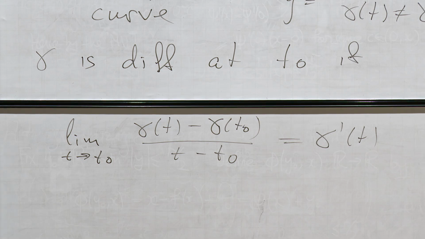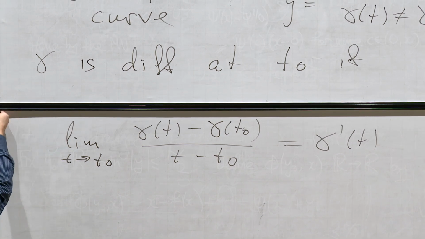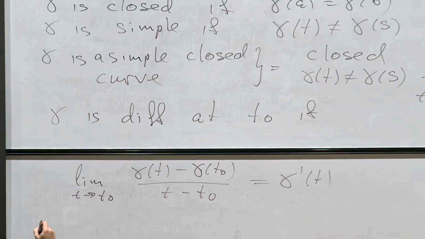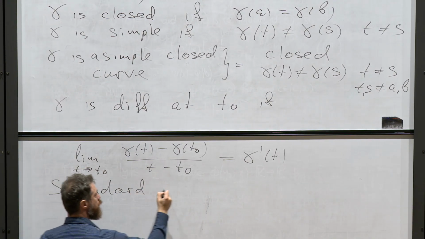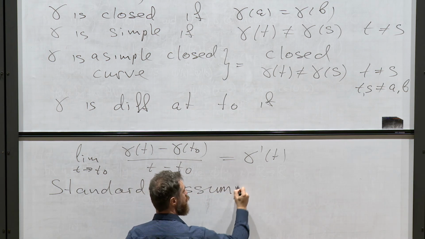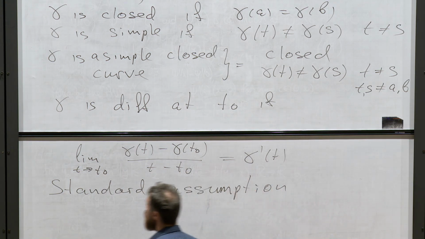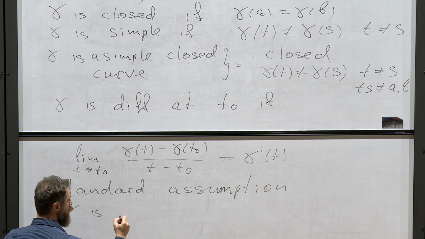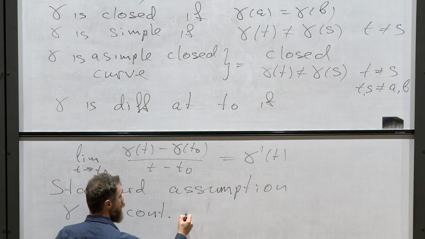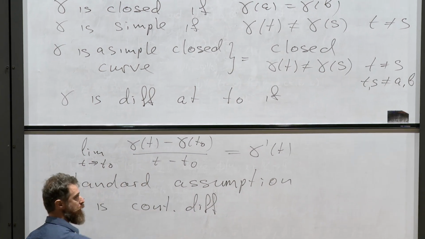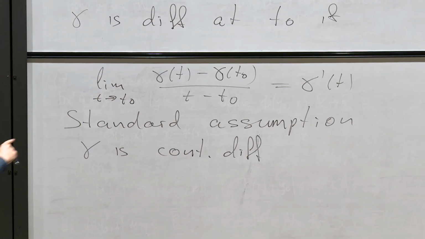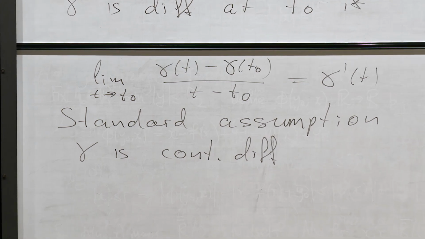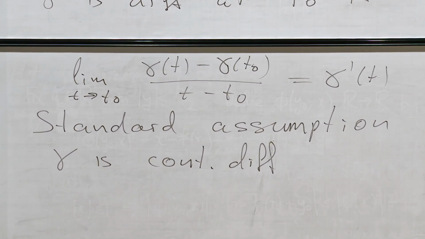And then we are mostly interested in curves that are continuously differentiable. So usually we assume, so the standard assumption is that gamma is continuously differentiable, which means that the derivative exists everywhere. And, well, if T naught is one of the endpoints, then we look at left or right derivatives.